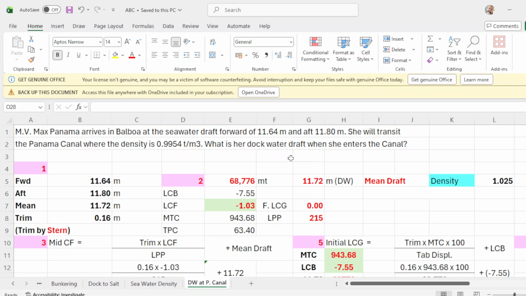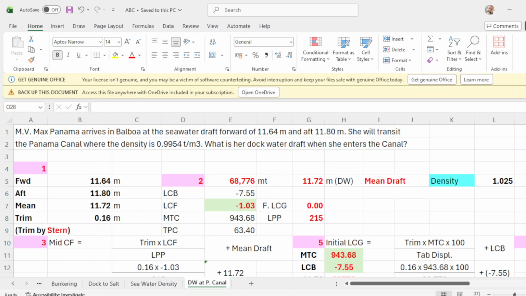What is her draft when she enters the canal? So it's asking what will be her draft when she enters the canal, or at the entrance of the Panama Canal. So forward draft is 11.64, and aft draft is 11.80, her mean draft is 11.72, and her trim is 0.16.